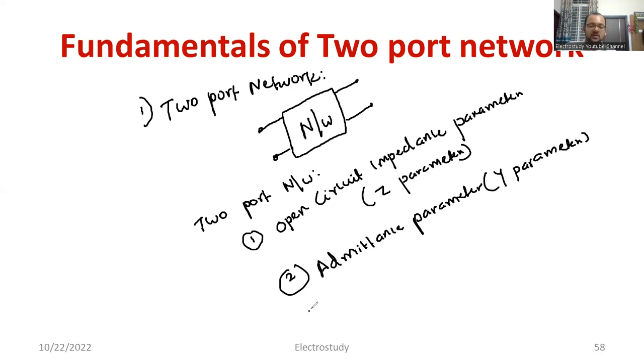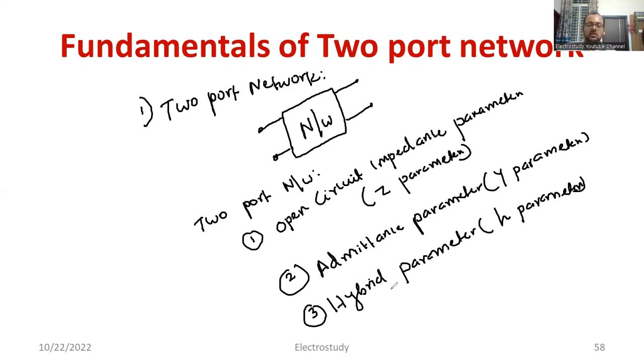Third one is called hybrid parameters. You can note down this, hybrid parameters. Short form we call it H parameters. Finally, we call it transmission parameters.